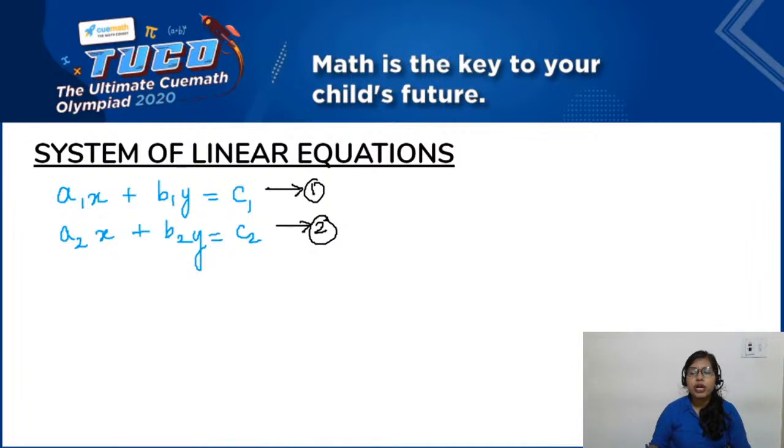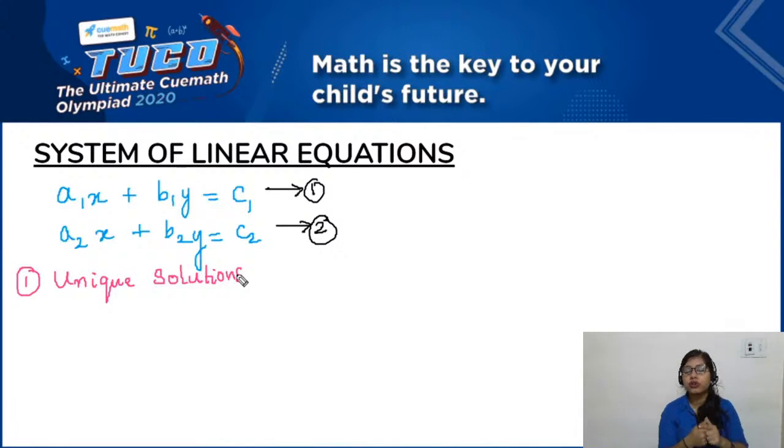So the first thing which I am going to write is for unique solution. When I say unique solution, it means that the graphs of these two equations are only going to have one common solution, which is at the point at which the two graphs are intersecting. So the point at which they intersect, that coordinate or that solution is something which is common to both the graphs, both equation 1 and equation 2.